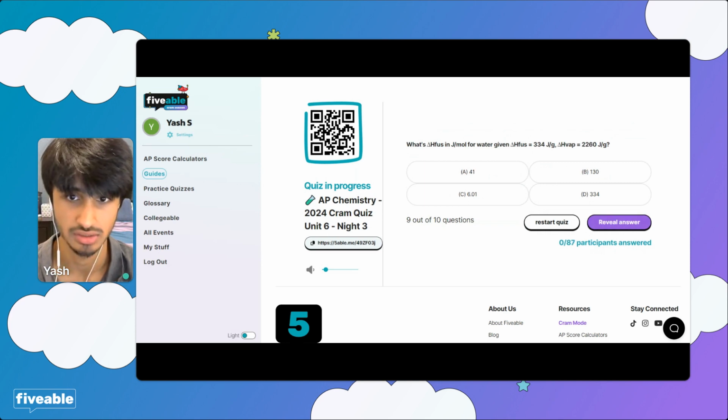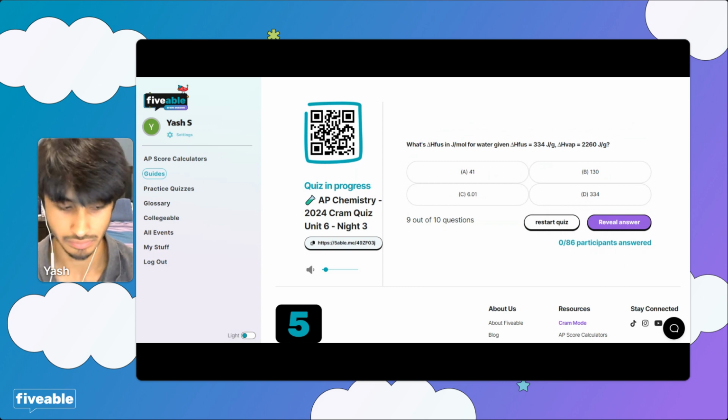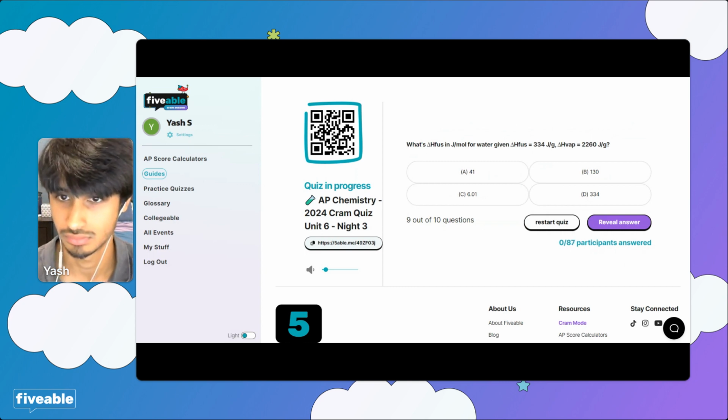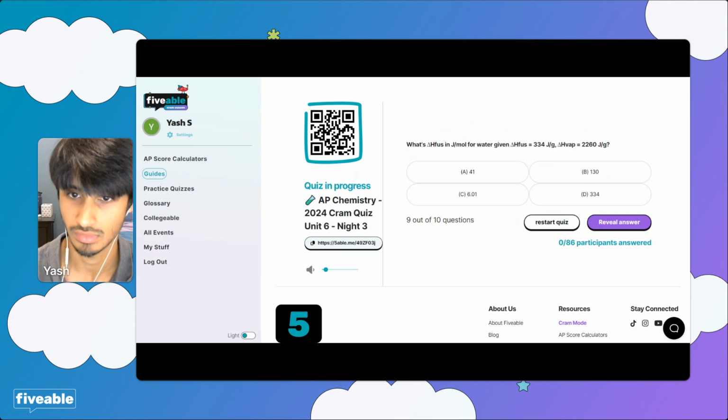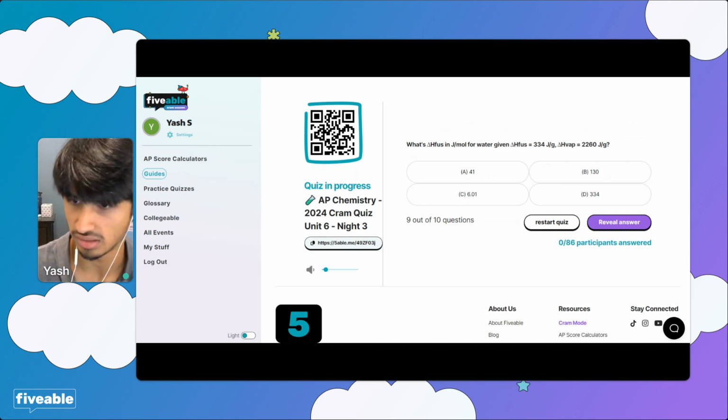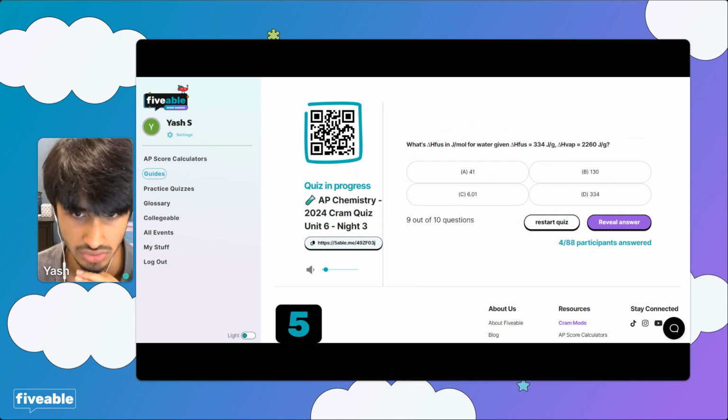this is our last question, guys. Note that in this question, this is kilojoules per mole. When it says heat of fusion in joules per mole, it's really asking for kilojoules.